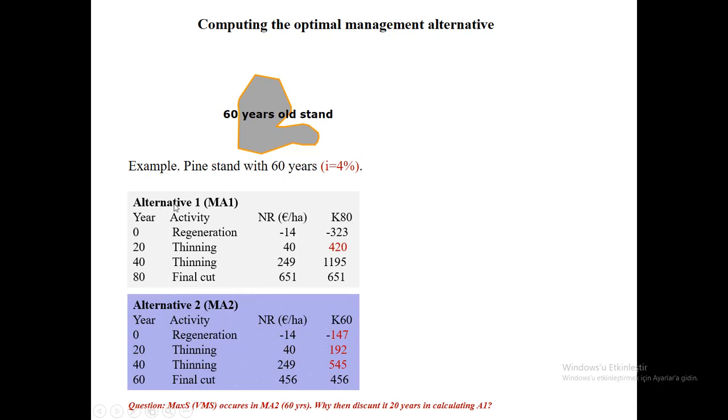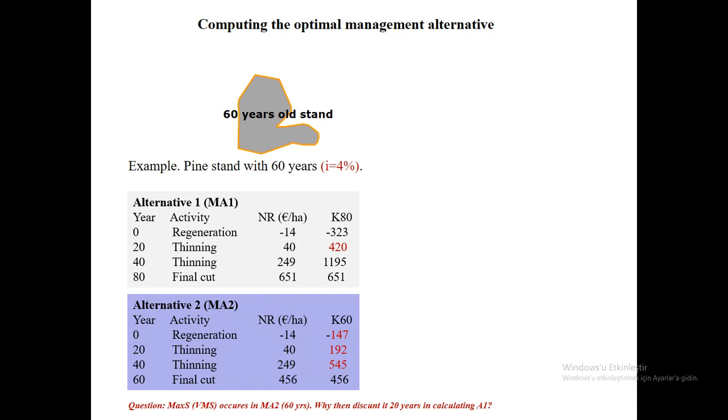The first alternative is designed to manage the forest over 80 years of rotation. The second is designed to manage the forest over 60 years of rotation. Remember, since there are two options involving different time horizons, we have to use the soil expectation value to compare them.